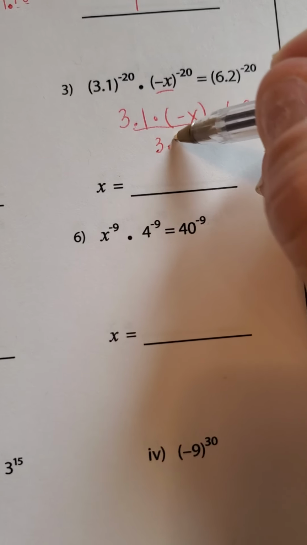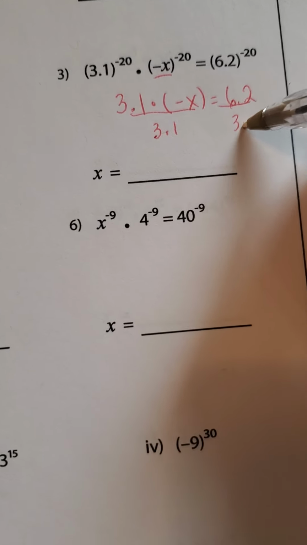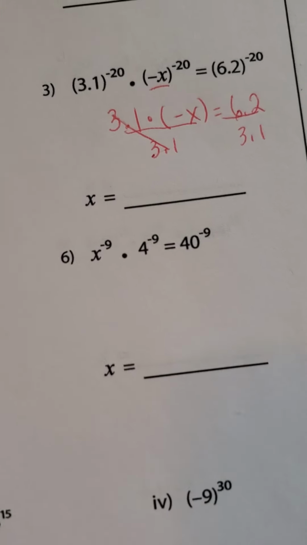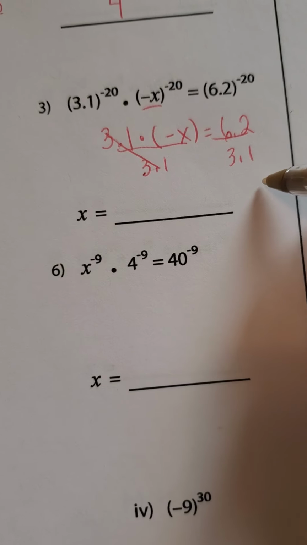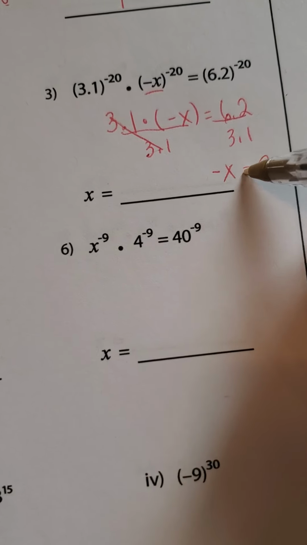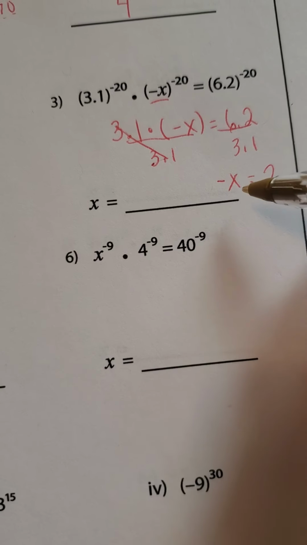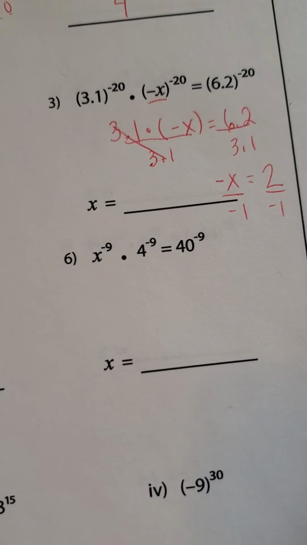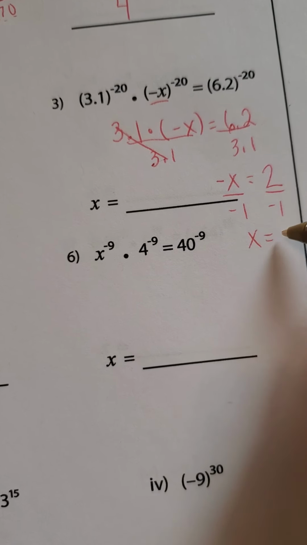First, I'm going to divide by 3.1. Okay, and when I do that, 6.2 divided by 3.1 is just a 2. But on this side, x is not quite by itself yet. It has a negative sign in front of it. So to take care of that, I'm going to divide both sides by negative 1 to get x equals negative 2.